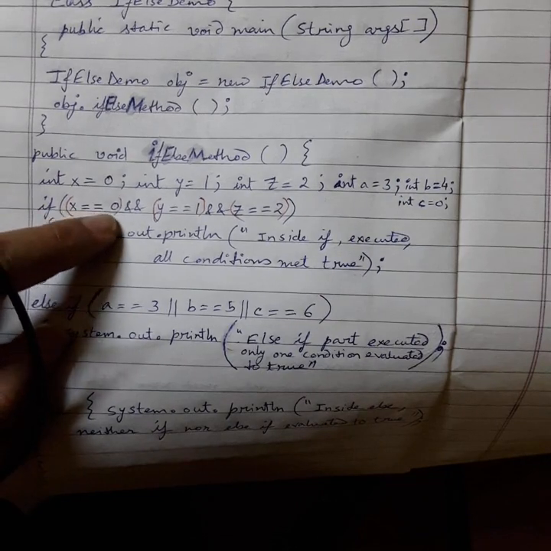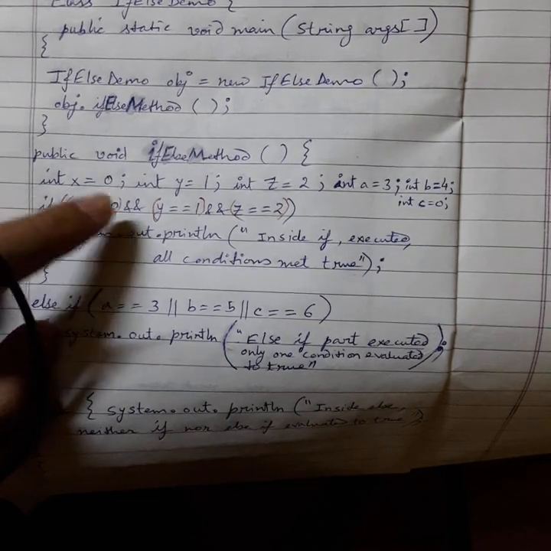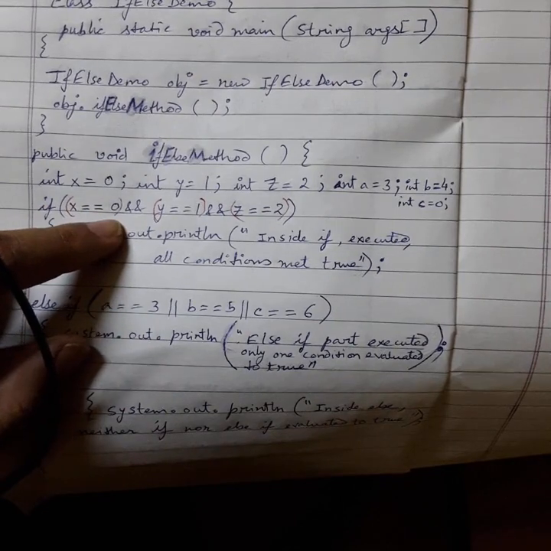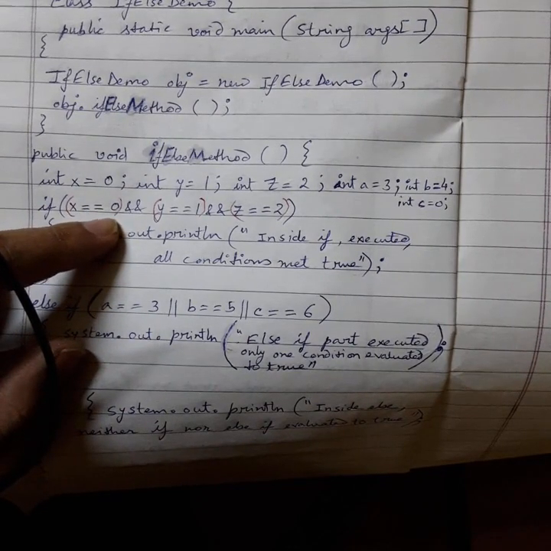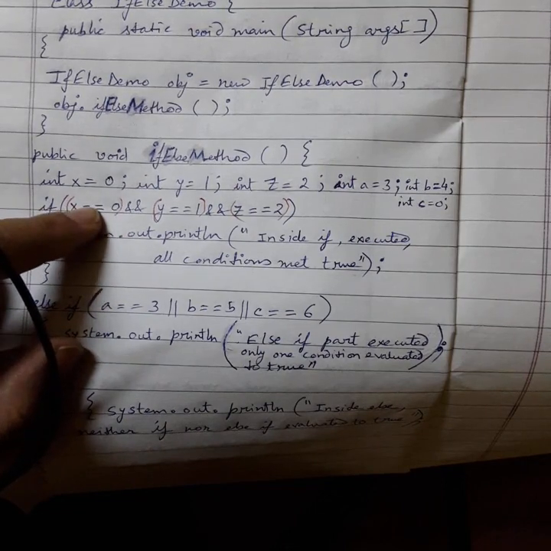When we test equality of the left hand side and the right hand side in the if statement, we use double equal to signs in Java.